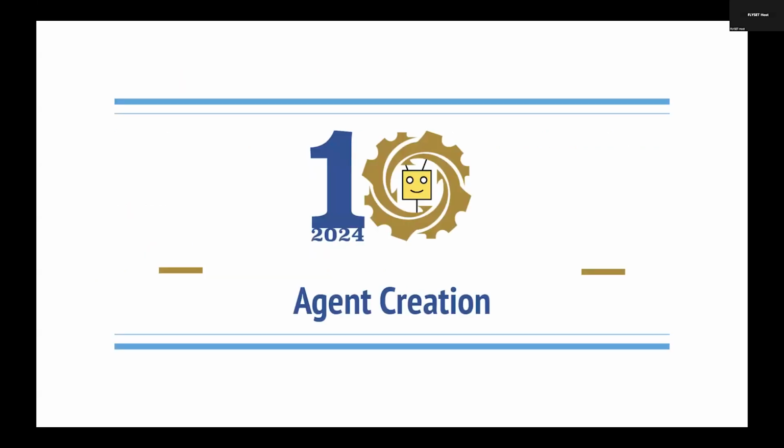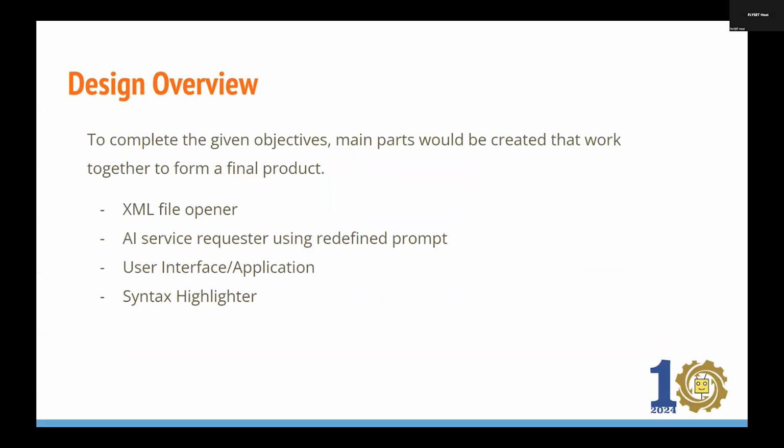I'm going to dive into the process of my agent creation now. As a quick design overview, I want to highlight the main parts that make up this project. The first part is the XML file opener. We need to obtain the XML file from our driver station, and open and parse it so that the AI can understand it.